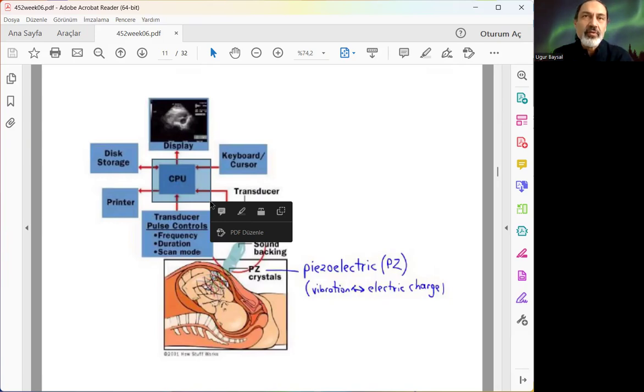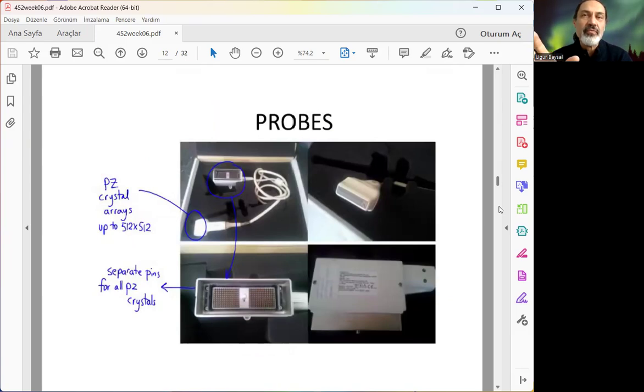This central control unit controls everything from probe electronics to keyboards, cursors, printers, and disk storage. So basically, a powerful PC is embedded in ultrasonic systems, as well as a transmitter and receiver, not shown in this figure. Either wireless or cable Ethernet type hospital informatics system connections are available in these systems.